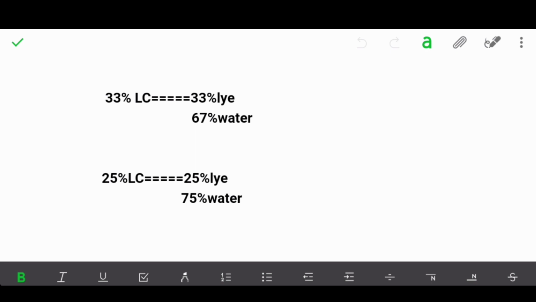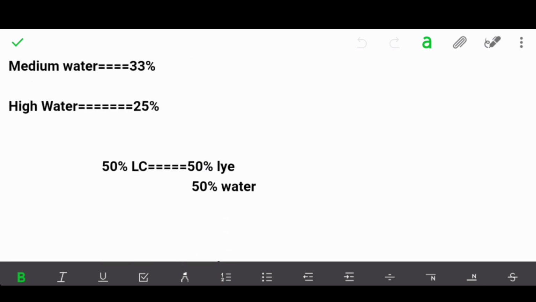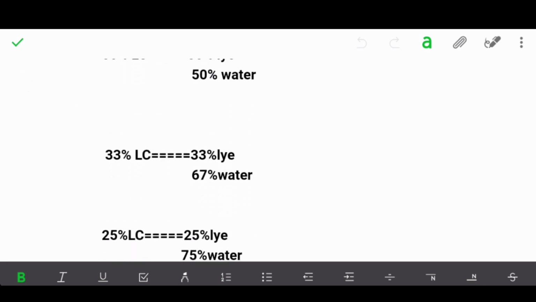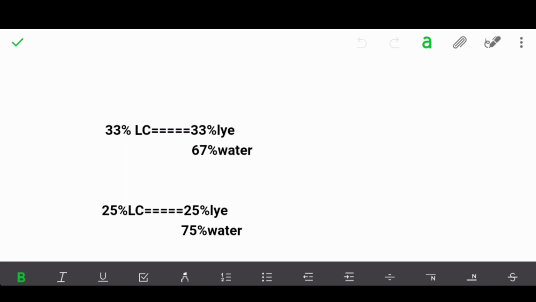Evaporation will take place, the soap will lose water, and you will lose the initial size of the soap. So you can see the reason why I say I like to stay in the middle. So this is what lye concentration is, or how you can pick the concentration you want for your soap.